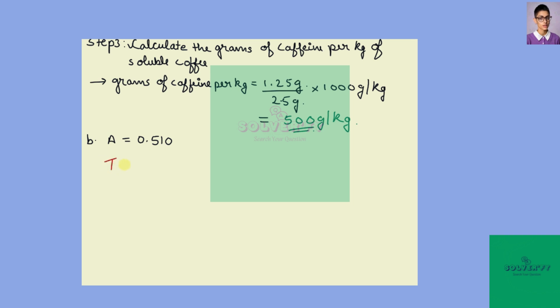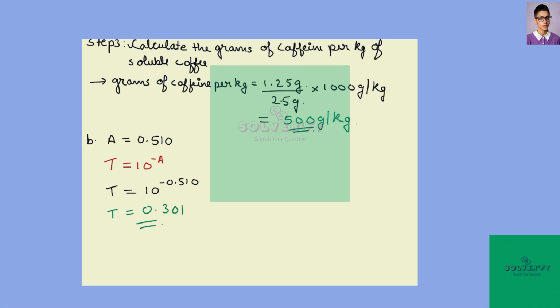T, the transmitted fraction of the light, is equal to 10 raised to the power minus 0.510. By calculating, we get the transmittance T equal to 0.301. So this is the answer.